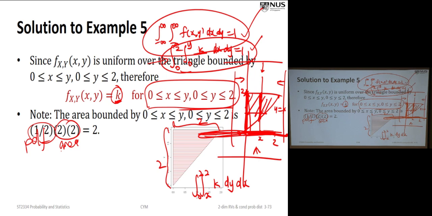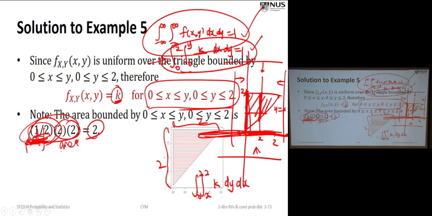Sorry, you see, I make the same mistake. When I see 1/2, because the answer is 1/2, I tell you it's 1/2. But this is not the 1/2. This is the area: 1/2 times the base times the height. This 1/2 is the formula to compute the area of the triangle.